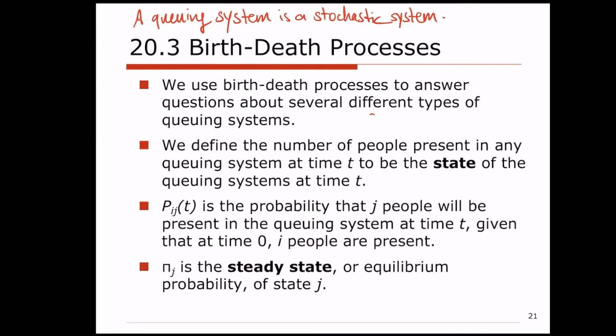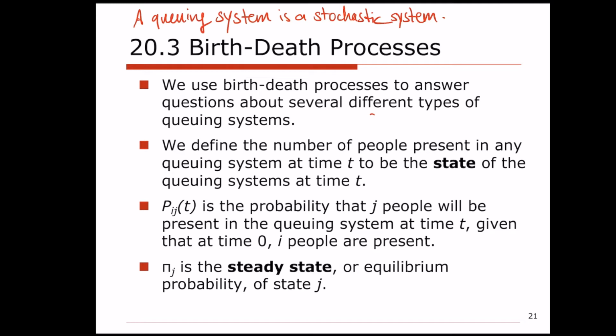We cannot say for sure this many people will be in the bank 2 hours from now, since this value is going to depend on how many people will come to the system and how many people will leave the system. But we can do some prediction, and we can provide some range in terms of the possible number of people that will be in the system 2 hours from now.